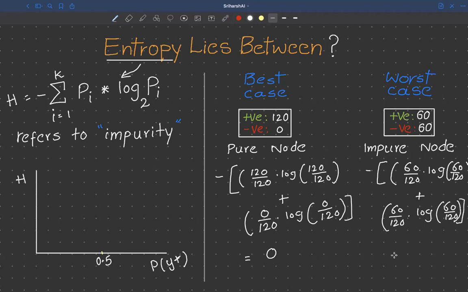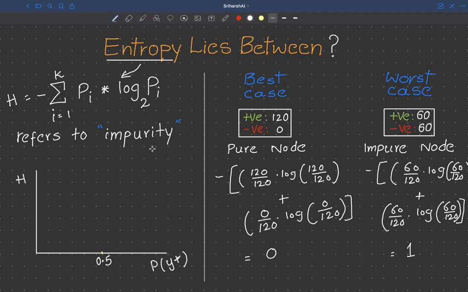If you work this out, you'll get the value 1, because it is a completely impure node, so you get the maximum value. From these best and worst cases, we can see that the entropy lies between 0 and 1.